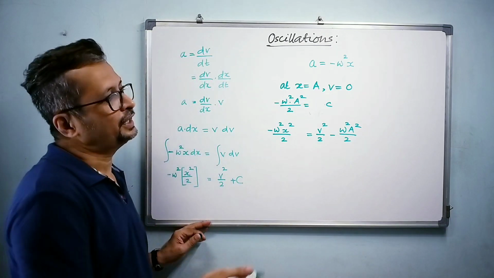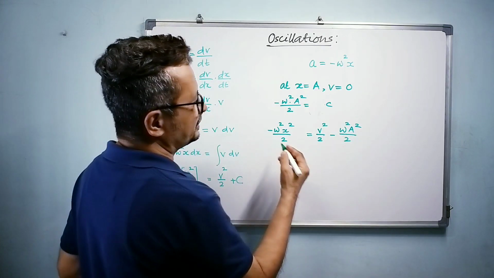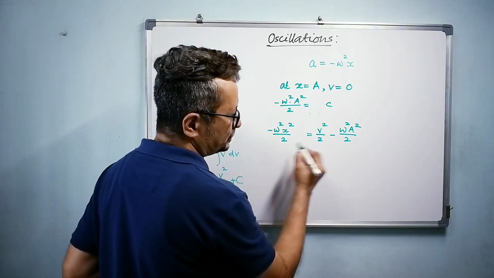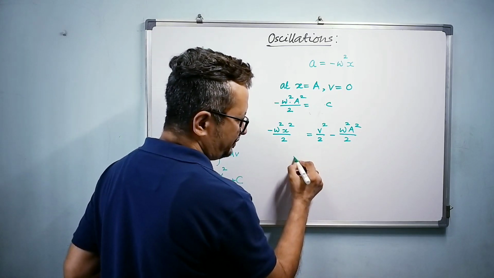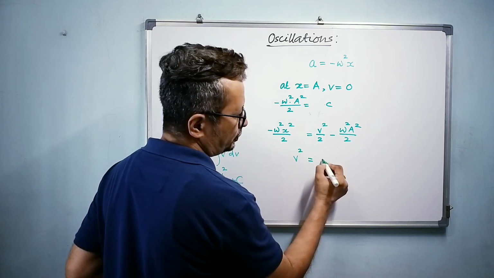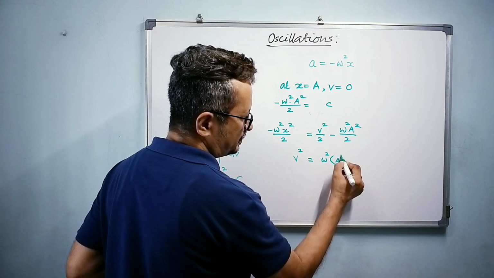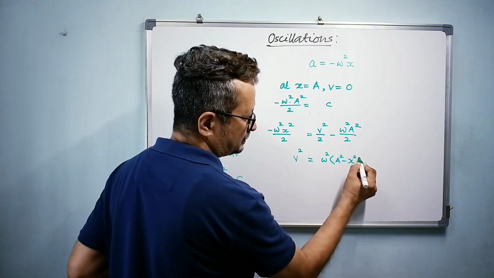Correct. Now what do I do? I take this on that side. I can also cancel this 2 on both the sides. So my v square is equal to omega square into a square minus x square.